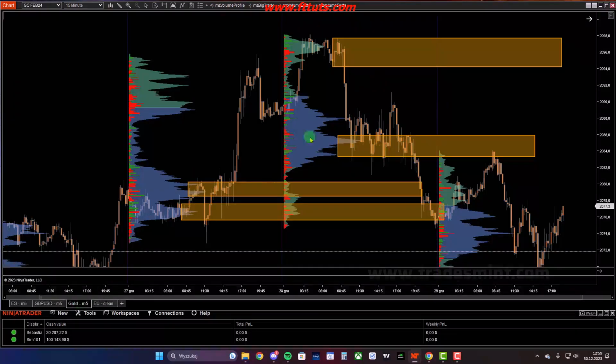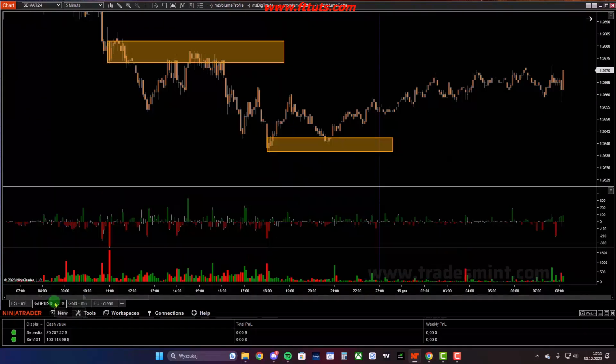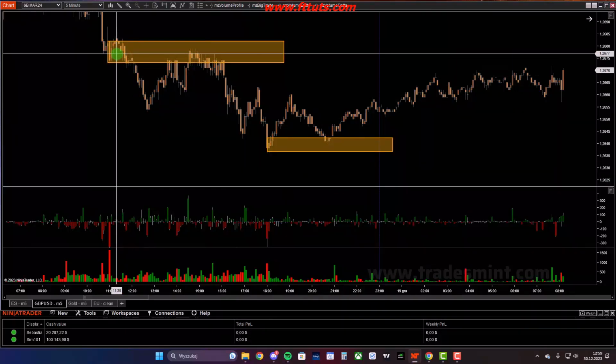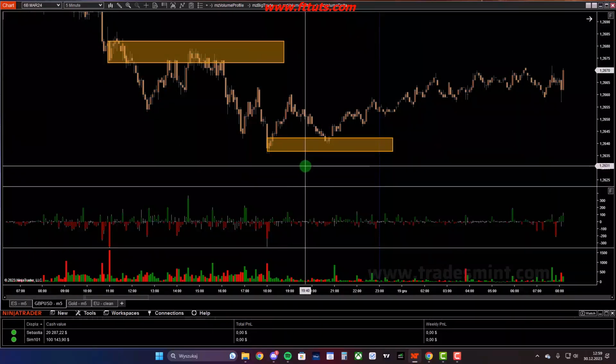The most important are definitely the zones based on the volume profile at the beginning of each session, marked based on the few previous days, and also for intraday trading the volume zones and delta zones.